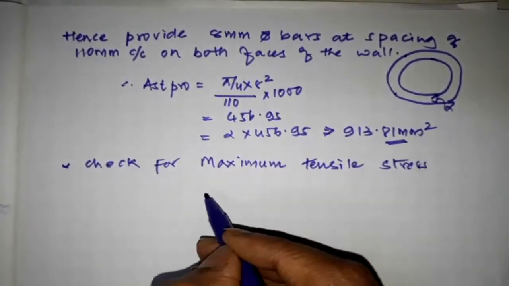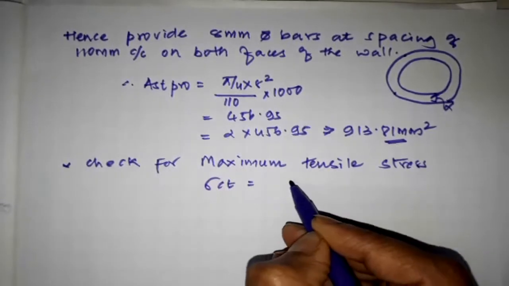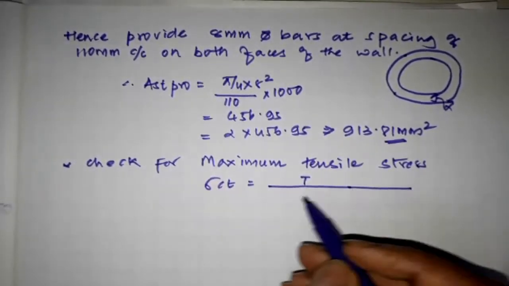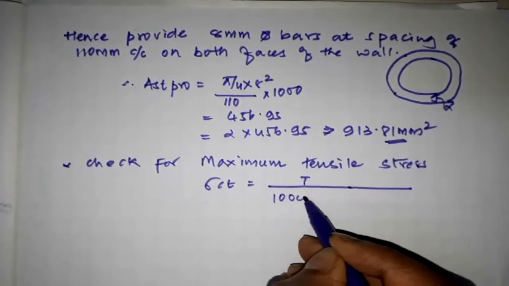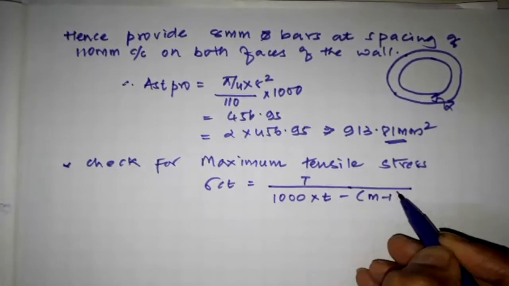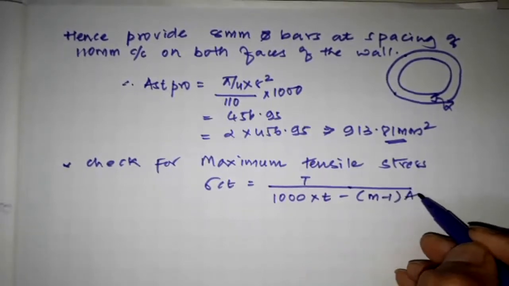So sigma CT is equal to T divided by 1000 into t plus (m minus 1) into AST provided.